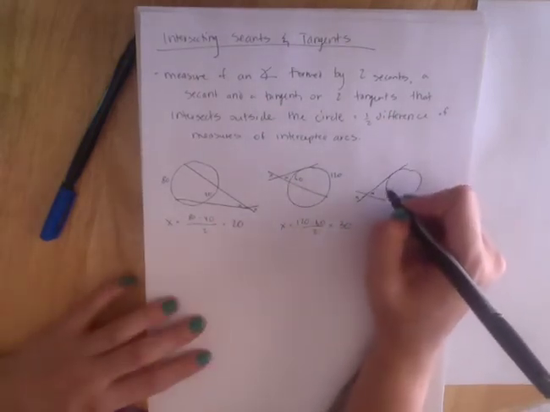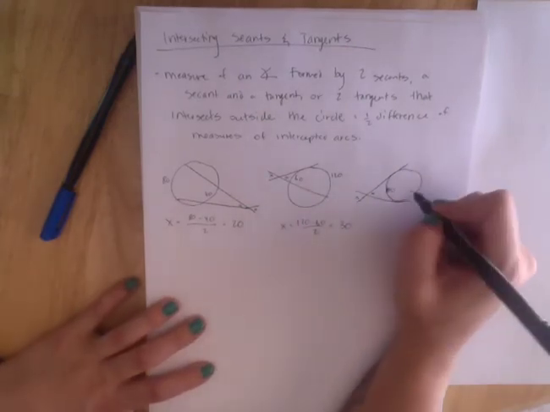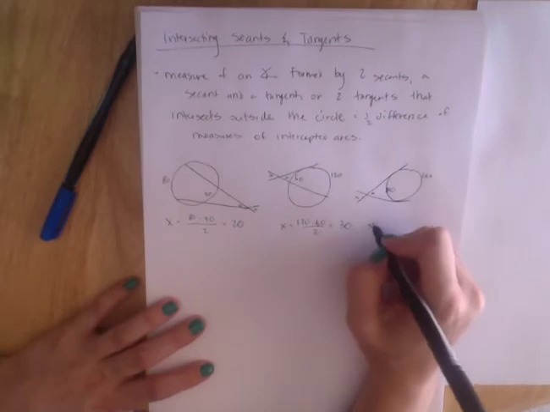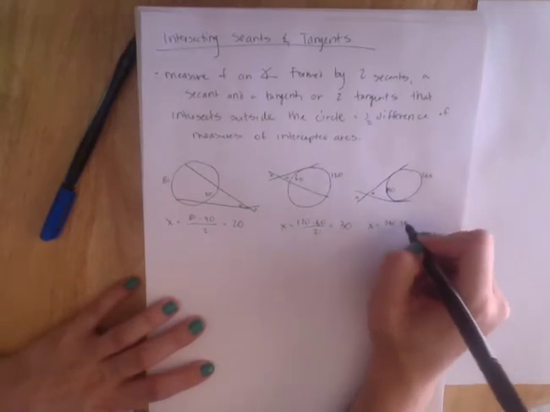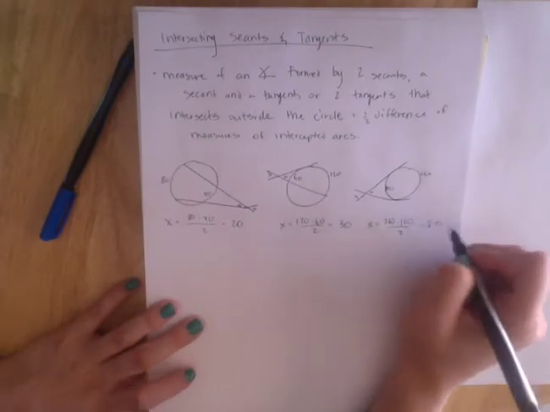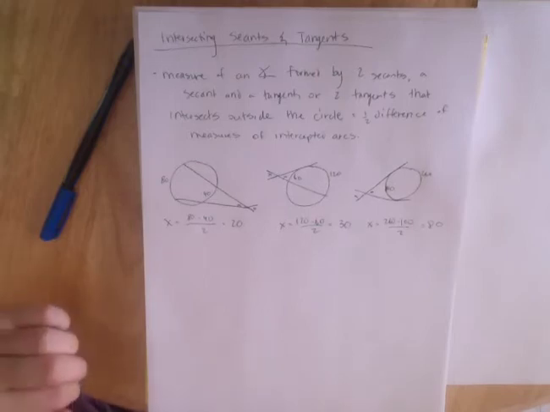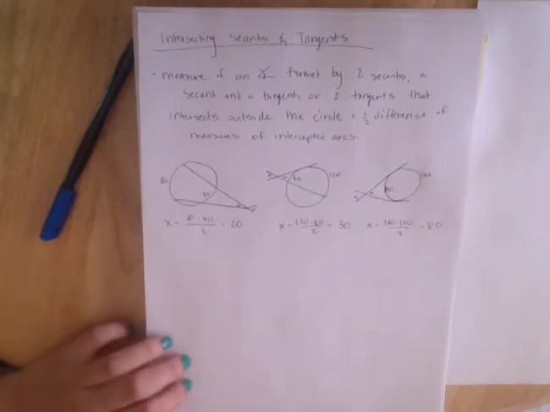This is 100, and let's say this is 260. So then x would be 260 minus 100 over 2, which gives me 80. Now, there is a proof of that in your book. If you are interested, you may do that.